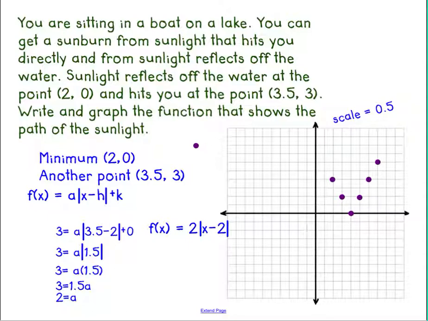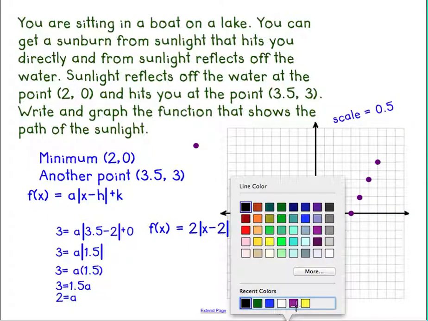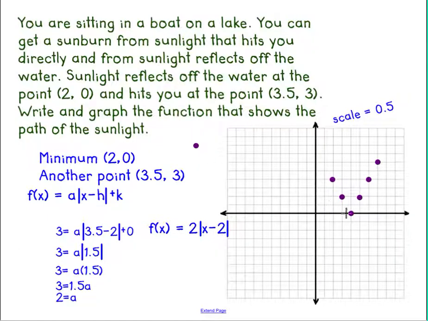So I think we'll not worry about putting any arrows on anything, but if you think about it, the sun really is going to be coming down in this direction towards the water and then bounce back up and hit you at this point here.